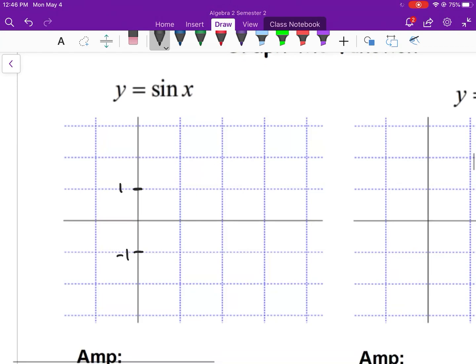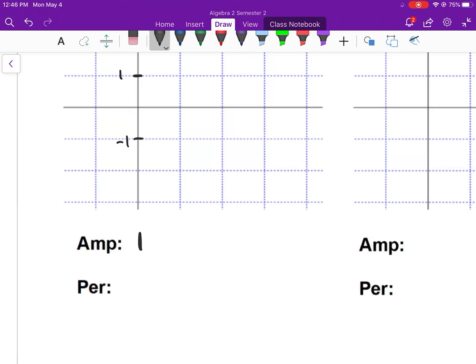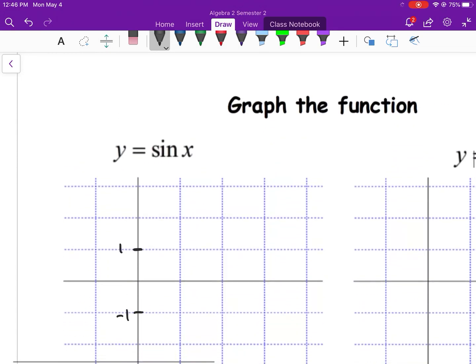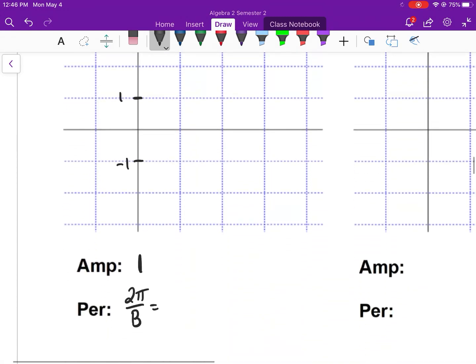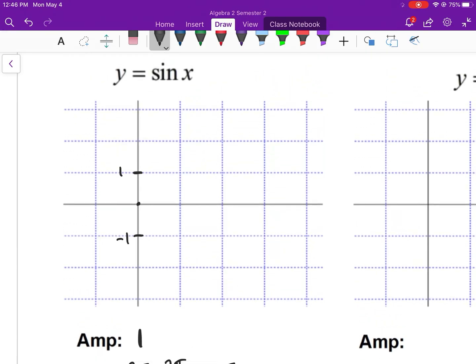For sine, we have an amplitude of 1, and then we have to figure out our period as well, which again is equal to 2 pi over b. In this case, b is always that value with x, which is 1, so 2 pi over 1, which is 2 pi. Okay. So now when you're doing this, this will always be 0.